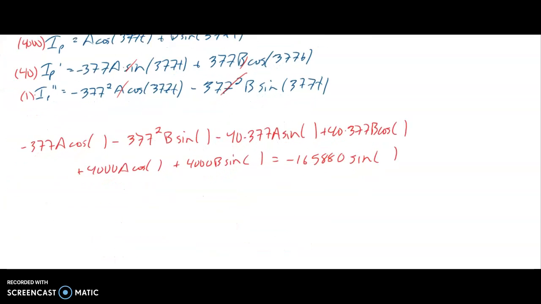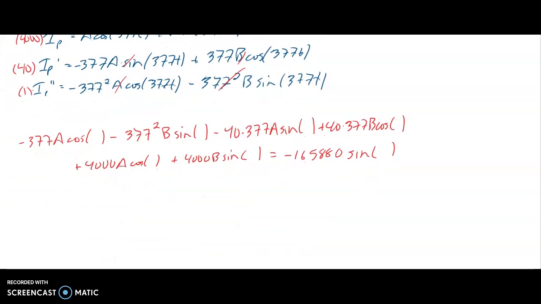All right, so from here, I'm going to turn this into a matrix. I'm just going to go straight into the matrix form instead of writing a system of equations. So I have my sine line, I have my cosine line, I have my A, I have my B, my bar, and then this.